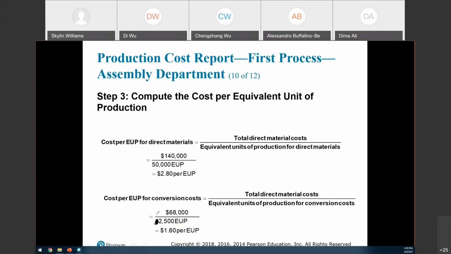It should be 2,500 EUPs regarding conversion cost. The total cost is 68,000 divided by EUP, which is 2,500.